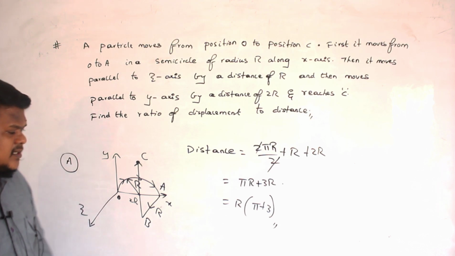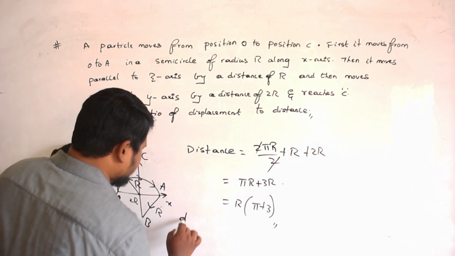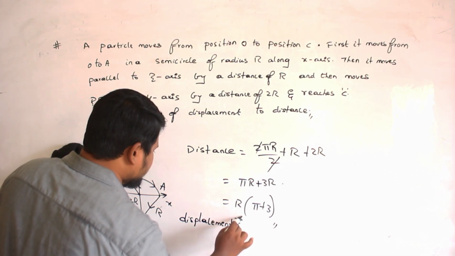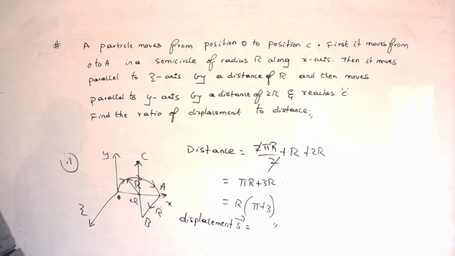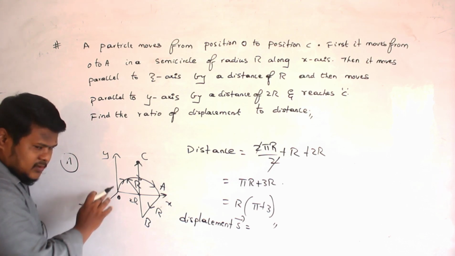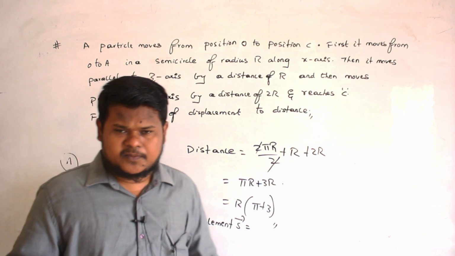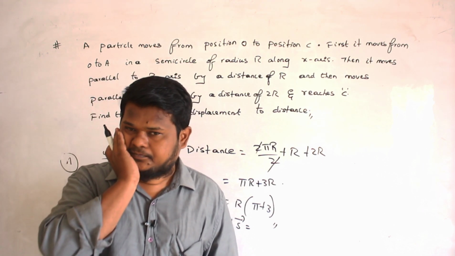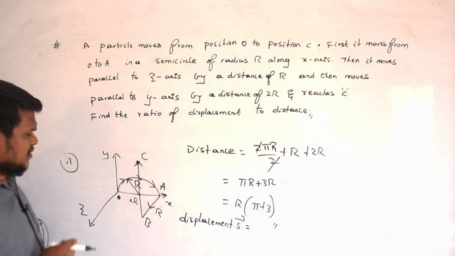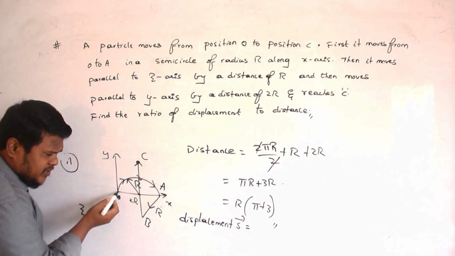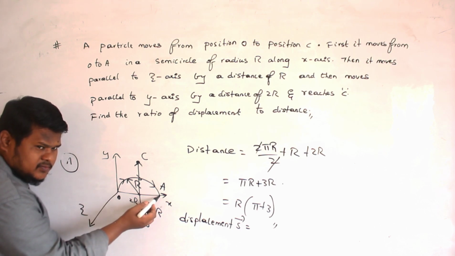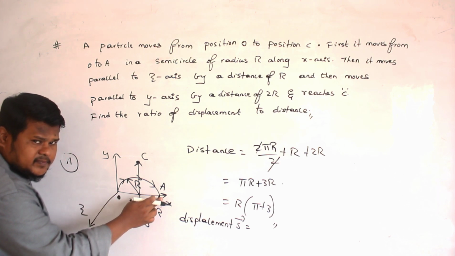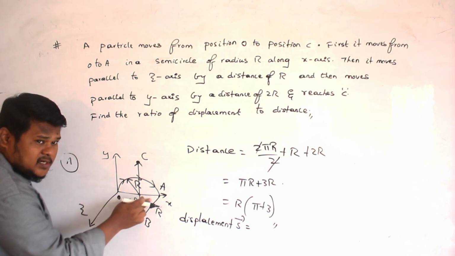Understood? Then displacement will be how much? Displacement equation, how can you write it in the form of vectors? Displacement S is how much? Root of x square plus y square plus z square, that is the magnitude. I am asking in vector form, how can you write it? First of all, this is the starting point, this is the ending point, along x-axis, no? It means along x-axis he traveled how much distance? r plus r, 2r.